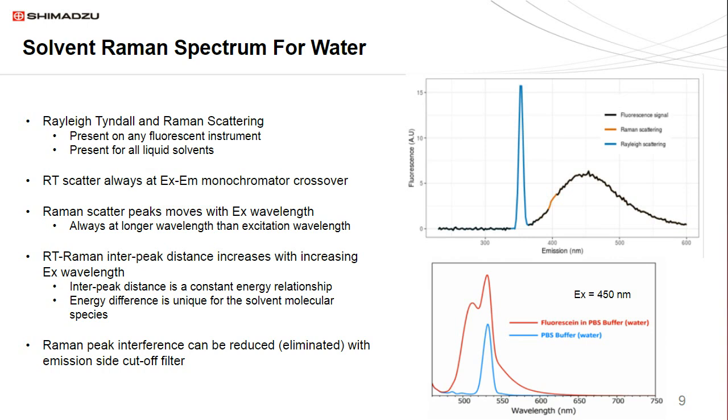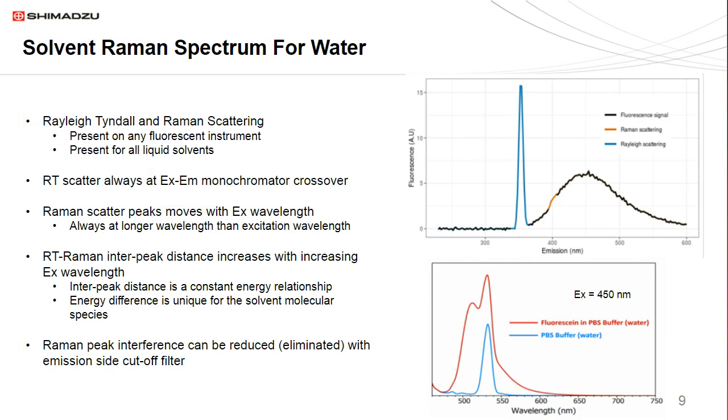Rayleigh-Tyndall scattering occurs when the excitation wavelength and the emission wavelength are equal, or it occurs at the excitation-emission monochromator crossover. Raman scattering is always offset to longer wavelengths than the Rayleigh-Tyndall scatter, and it is the only peak that will actually move as a function of excitation.